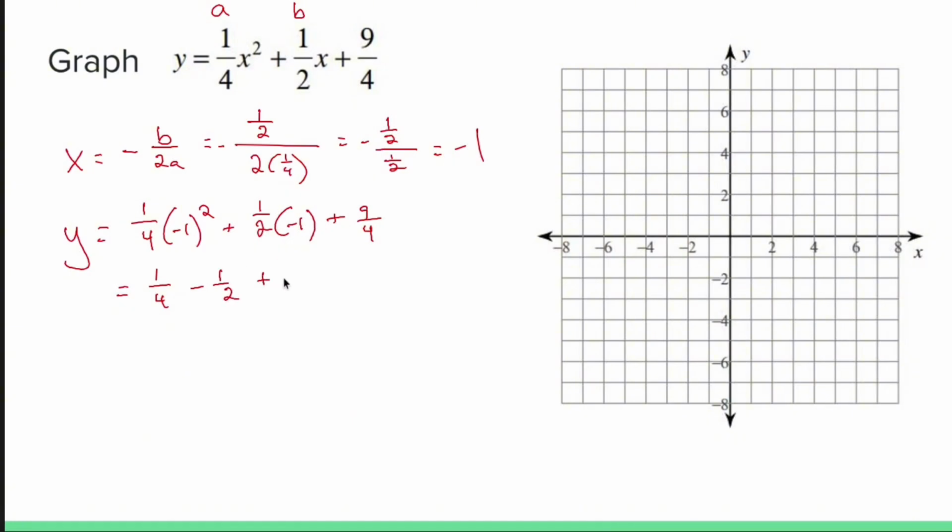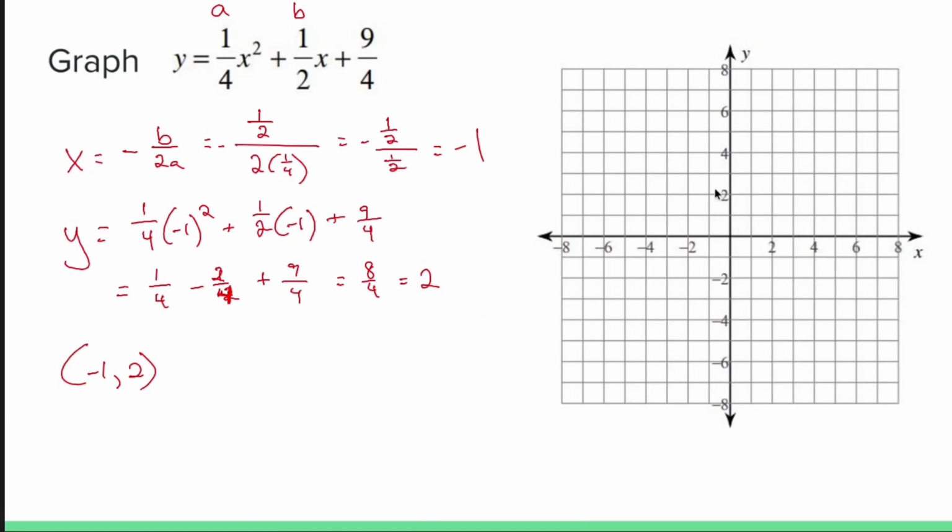And then you've got plus 9/4. So let's turn this into 2 over 4. 1 minus 2 is negative 1, plus 9 is 8. So 8 over 4 is 2. So our vertex is a nice negative 1, positive 2.